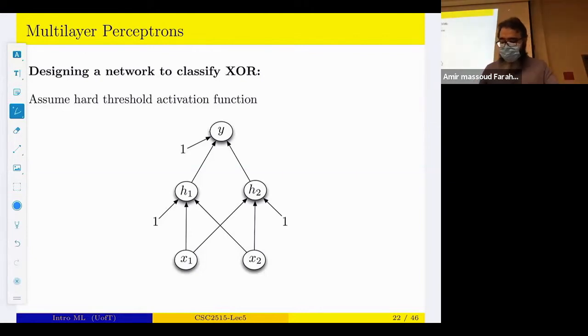So here is the structure: X1 and X2, then we have hidden layer 1, hidden units 1 and 2, and these ones here are the bias terms. So we add those bias terms. Now what we want to do is find weights. Essentially, what weight should we have for each of these units in order to be able to classify XOR?